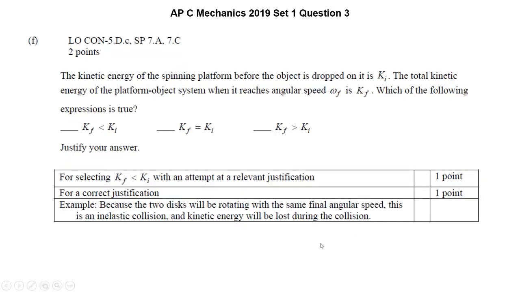Last part, this is the 2 points that I think you could get even if you didn't get anything else in the rest of the problem. Right? So kinetic energy of the spinning platform before the object is dropped is Ki. They want to know, what's Kf going to be? What's it going to be after they drop the object on there? Well, hopefully you realize that the final kinetic will be less than the initial kinetic. Why?